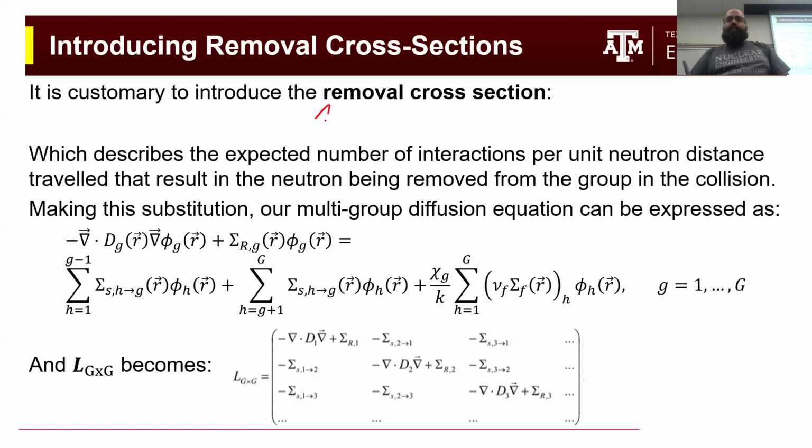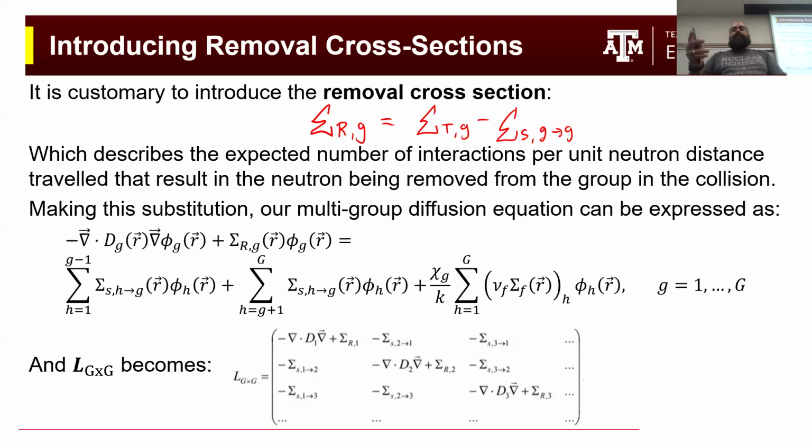So we can say sigma r for some group G is defined as the total cross section for that group minus the scattering that goes from that group to that group. So the total group cross-section minus the within group cross-section, by definition, is the removal cross-section.